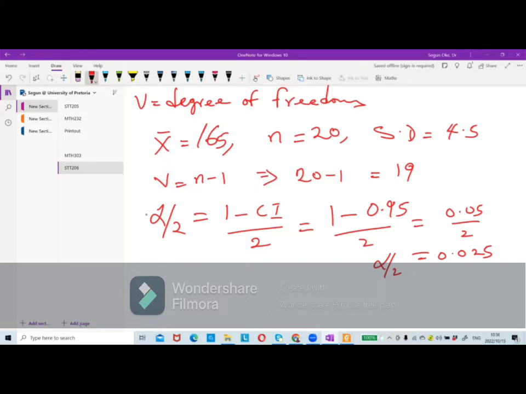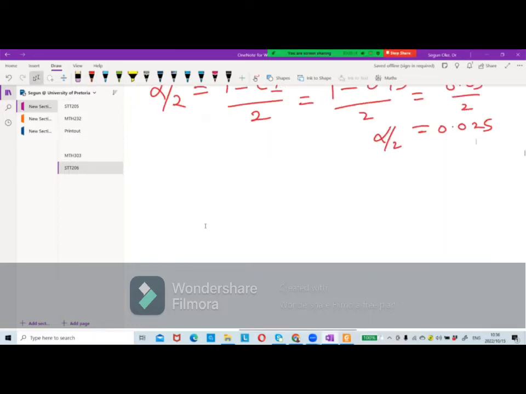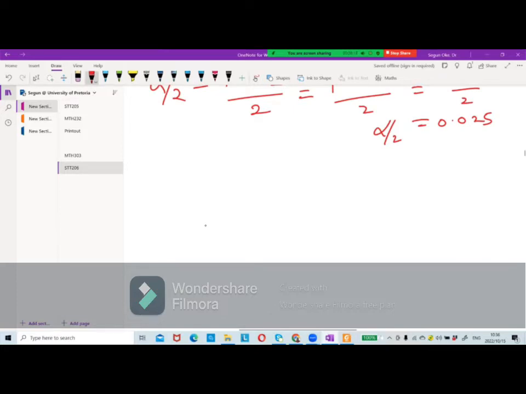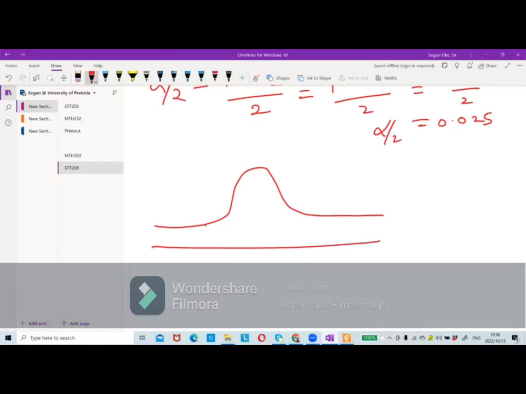Now, don't forget we know our V. By the time we get there, you will see what I'm driving at. But in this case, we are not talking about hypothesis now. We are just talking about confidence interval, which is the same thing as this. You have 1 minus alpha, and you have alpha over 2 here.